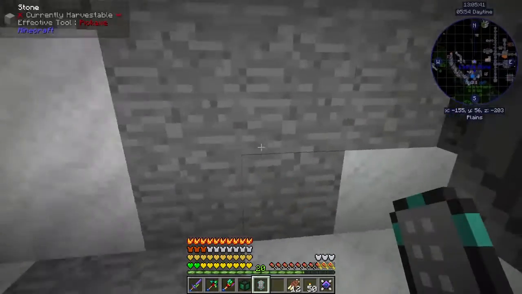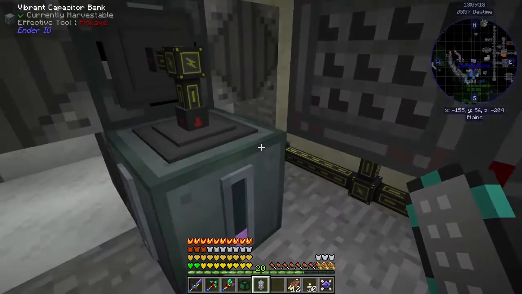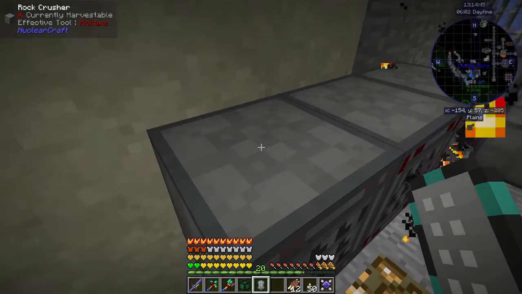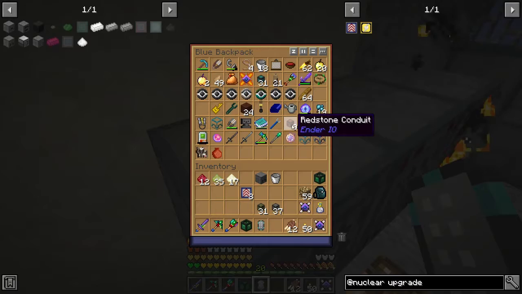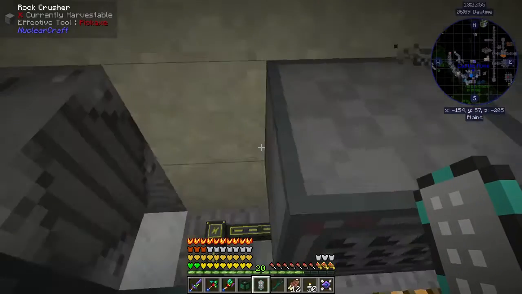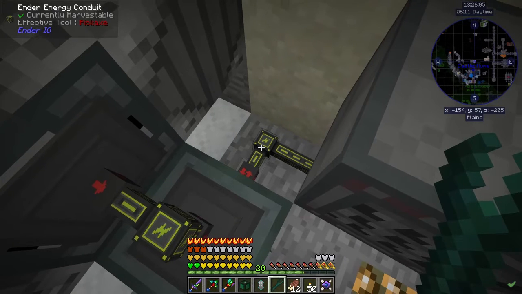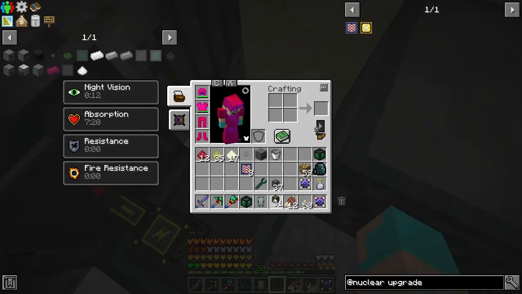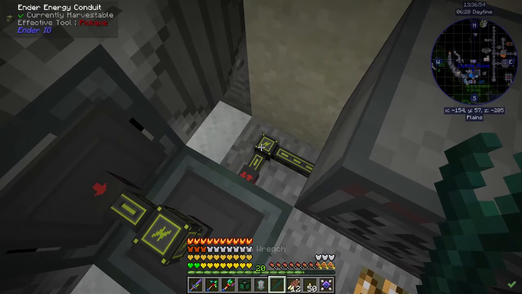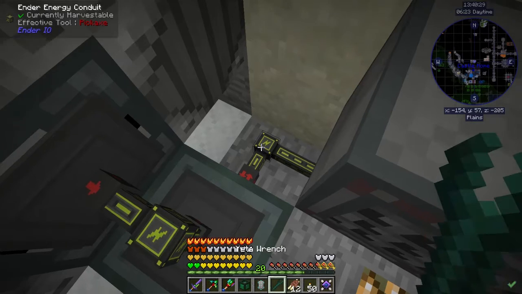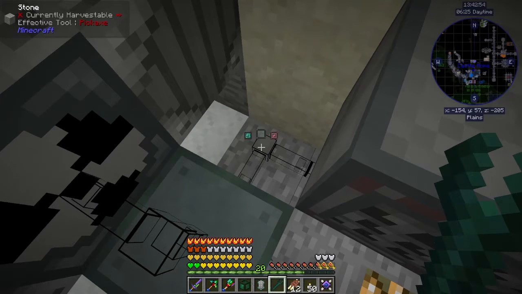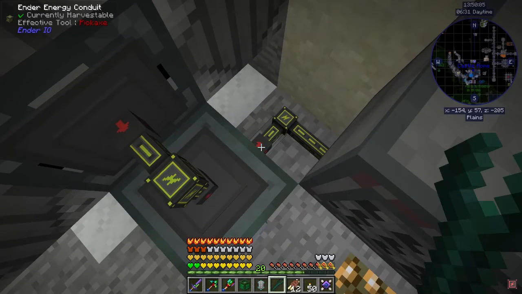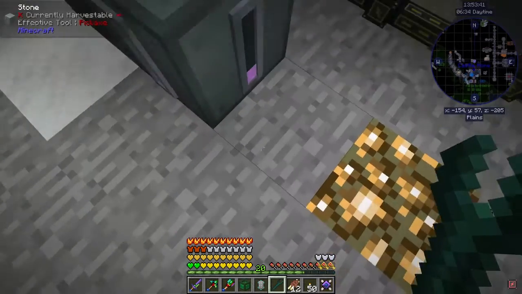Notice these still haven't become uranium. Okay. Can I get a wrench this? Export only, that's what I wanted. Okay.